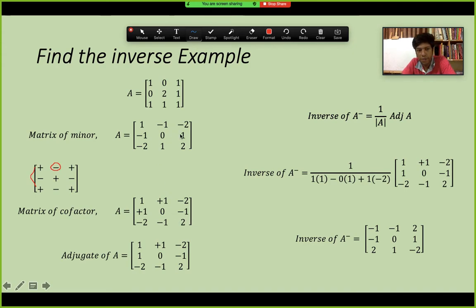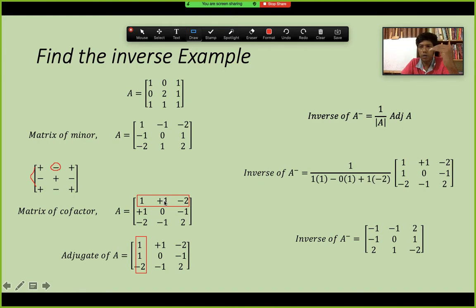So after the matrix of minor, for finding the cofactor, we just change the sign of this number. There is no work here, just change the sign. Next line is also no massive work actually. Let me show you what we have done here. This line is now here. In the adjugate matrix, this is called transpose.